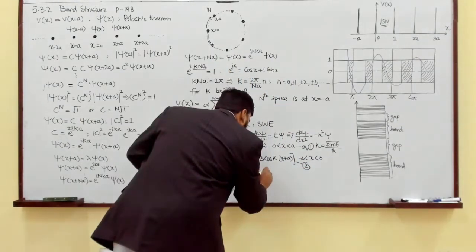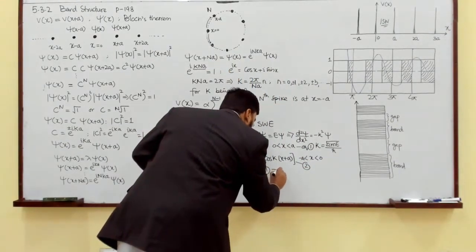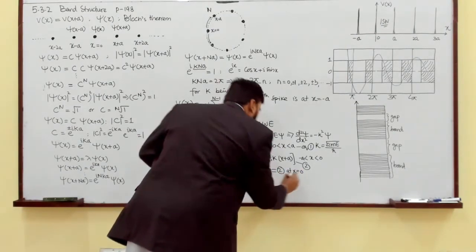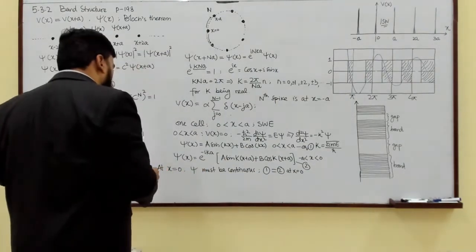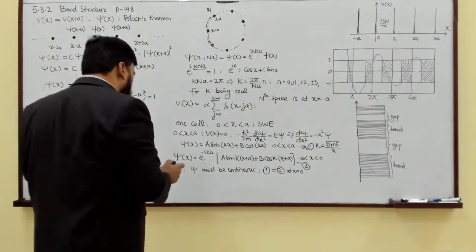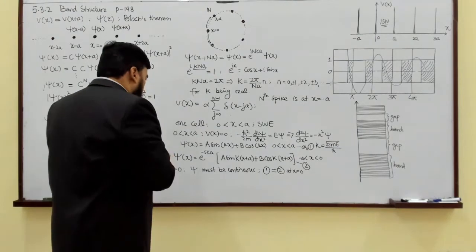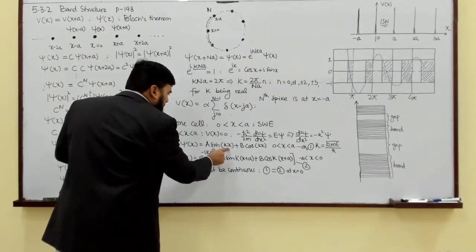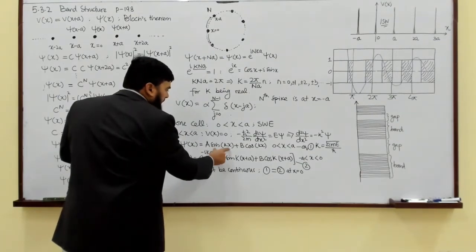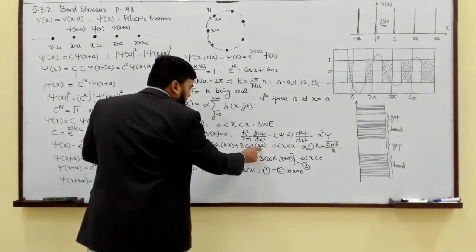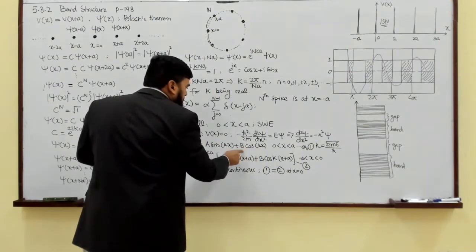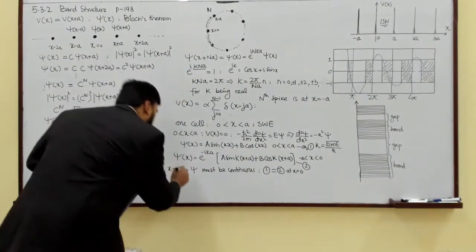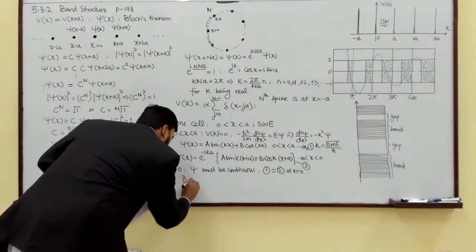When this is continuous, equation 1 should be equal to equation 2 at x equal to 0. When I put x equal to 0, both equations are supposed to be the same. Now look here, when I put x equal to 0 here, then this one will become 0, and cos 0 is 1, so in this equation B will remain.